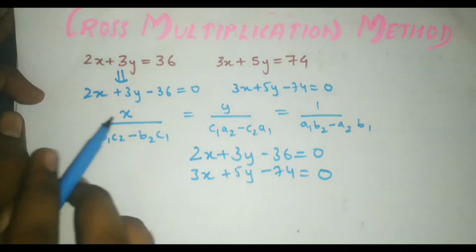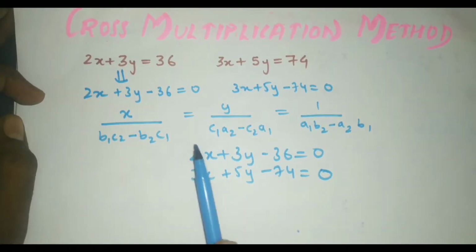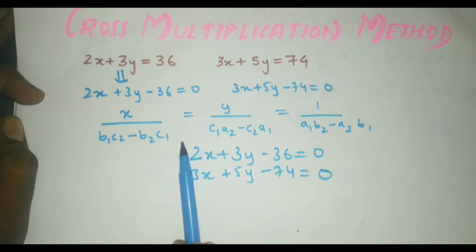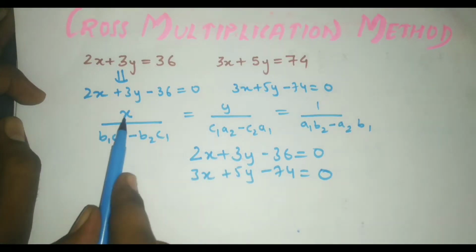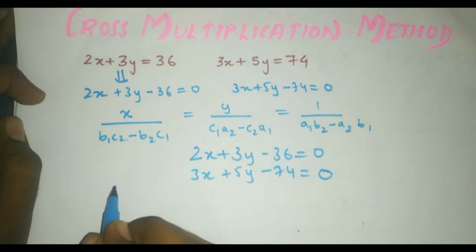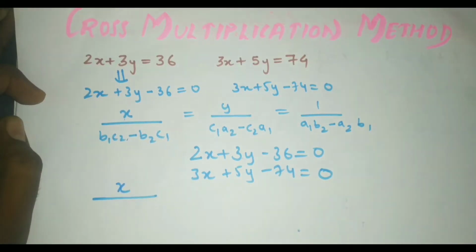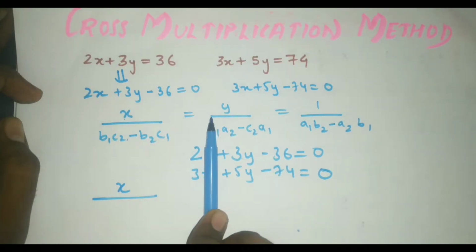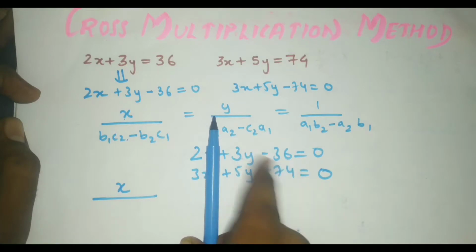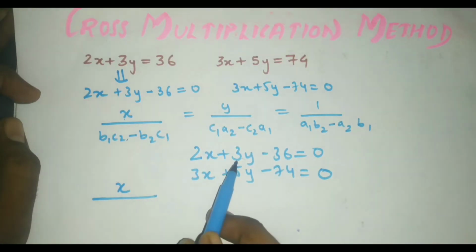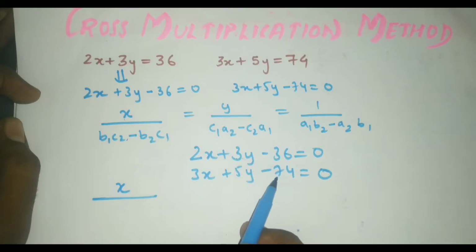So x by: leave the x term and multiply the other terms. If x by comes, I'll write x by, leave this term, and see the other terms. The terms left are the y terms and the constants. You have to cross multiply these. The coefficient of y, starting with the first equation, is 3 into minus 74.